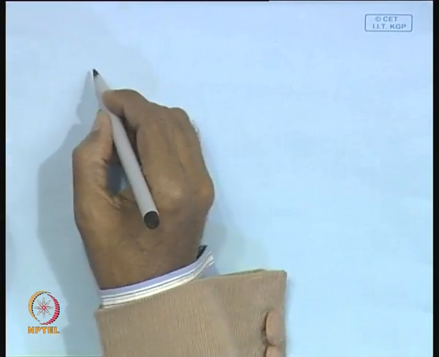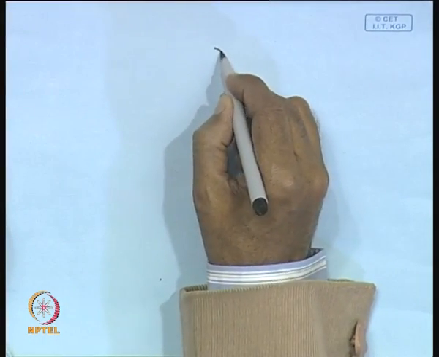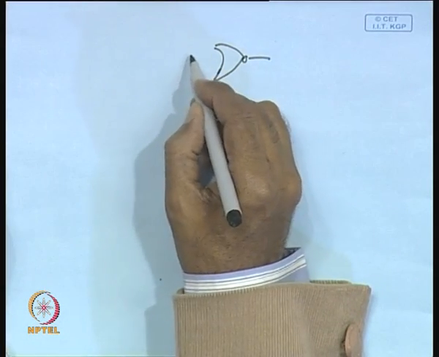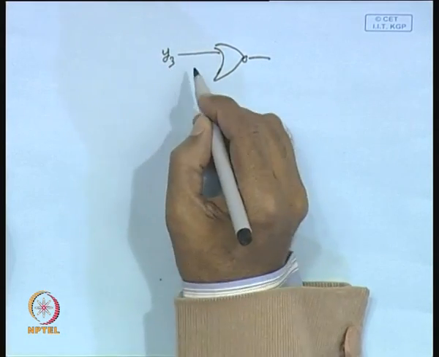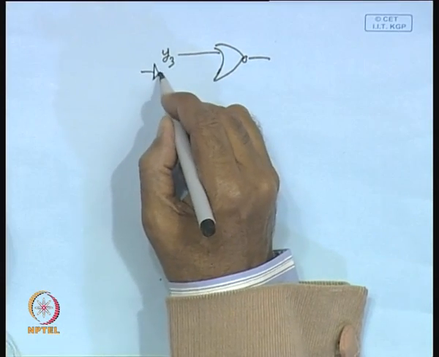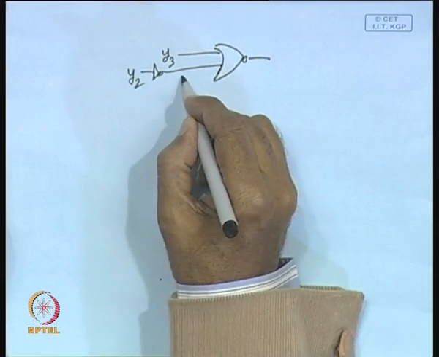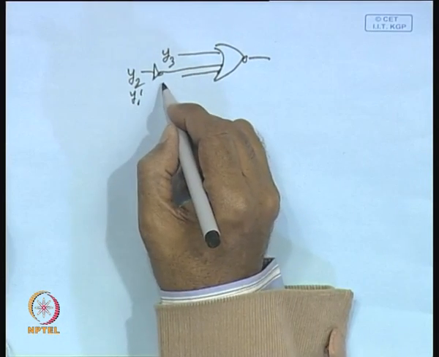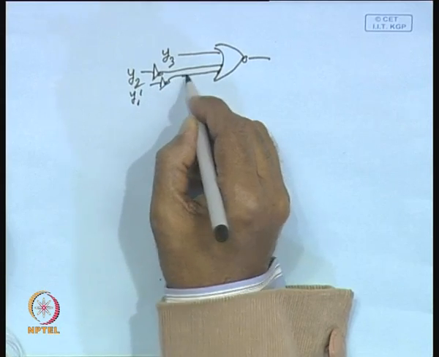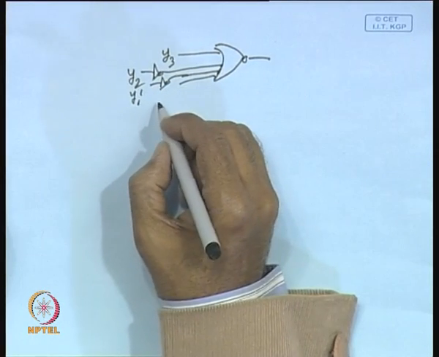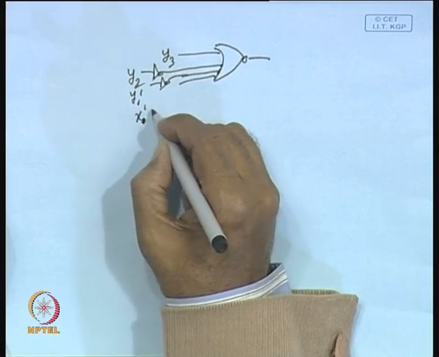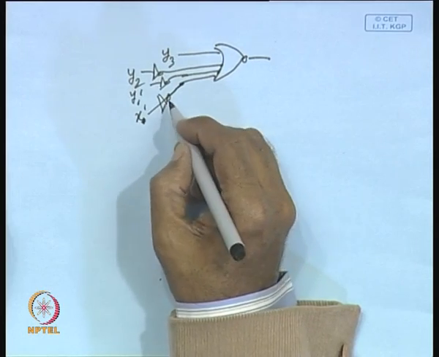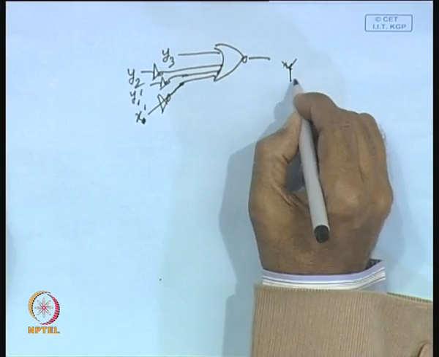Again you will realize y3 with the help of a NOR gate, and in this case you will require y3, then y2 bar, then y1 bar, and x bar. So, you will require an inverter. So, this is how you will realize y3.